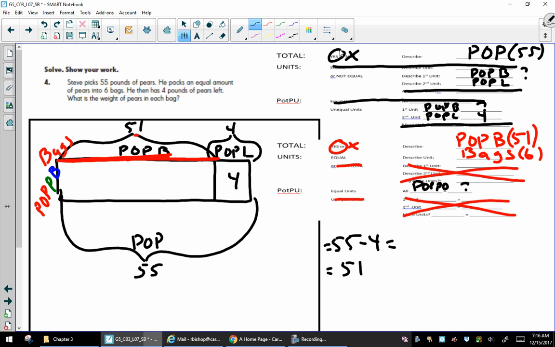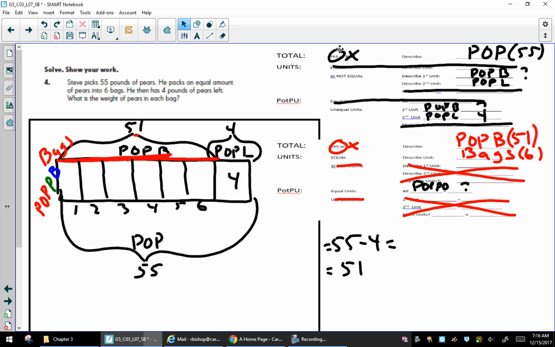But we do know that there's 1, 2, 3, 4, 5, 6 bags. Okay? So if we go back to my dichotomous key, if we know a total, we go down that side. We do know a total. We know that there are equal parts of the total. There are 6 equal parts.